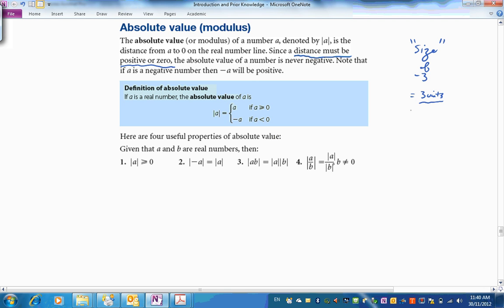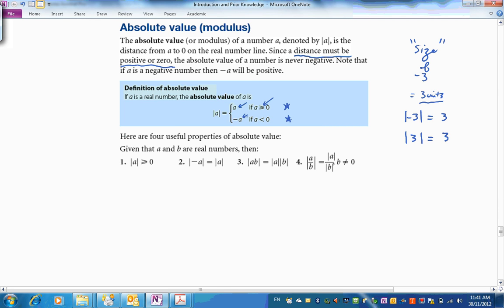Okay, so if we want, here's its symbol, the size or modulus or absolute value of 3 is just 3. The size of positive 3, how far away from the origin is that? That's also 3. So consequently we have this definition here. The size of a number A is just equal to itself if it's positive or 0.